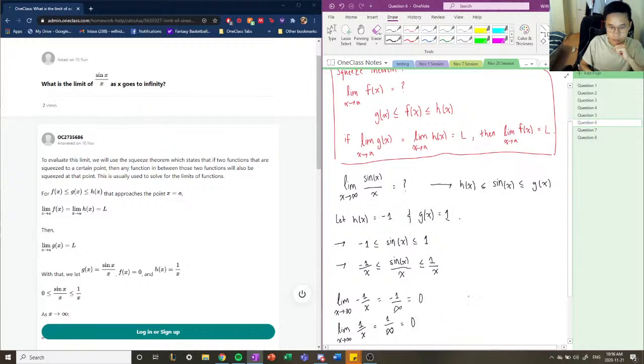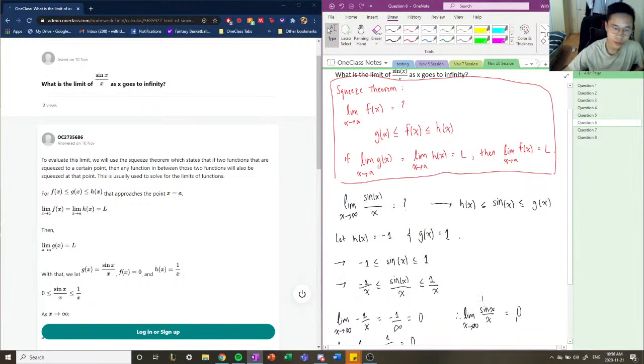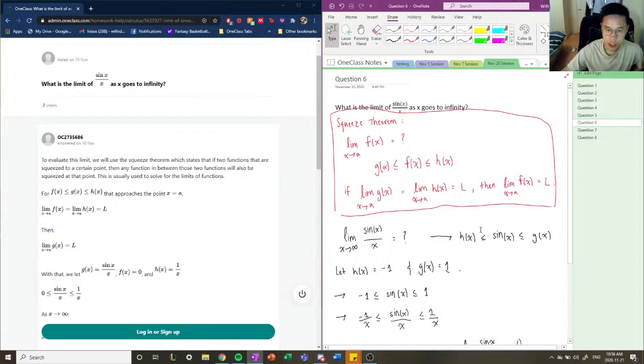So those equal the same. Therefore, according to our squeeze theorem, the limit of sine x over x as x approaches infinity equals 0. So we had to do nothing to sine x over x. We just calculated the limits of these two simpler functions, and we found the limit of our middle function.